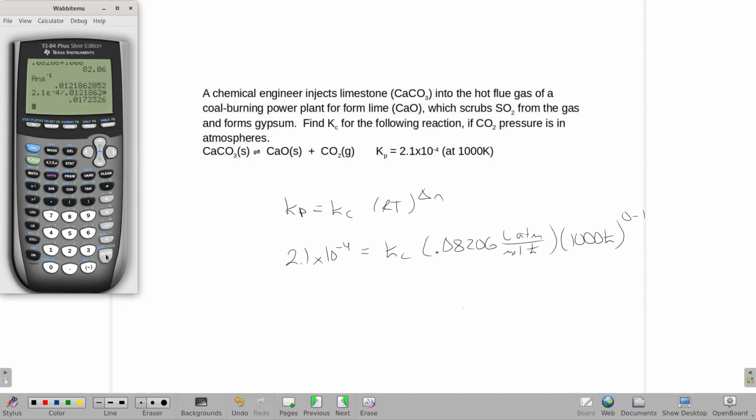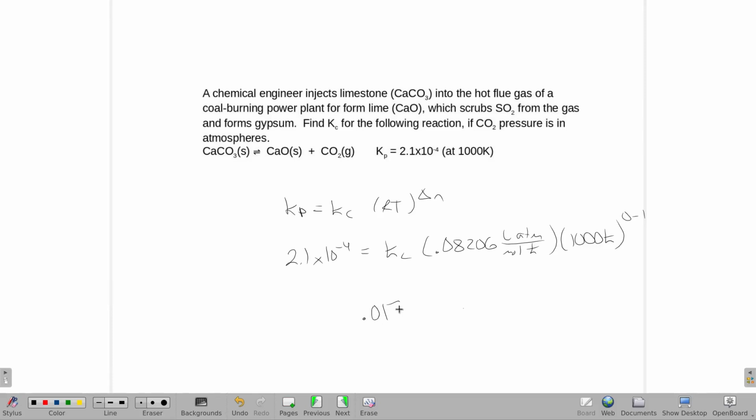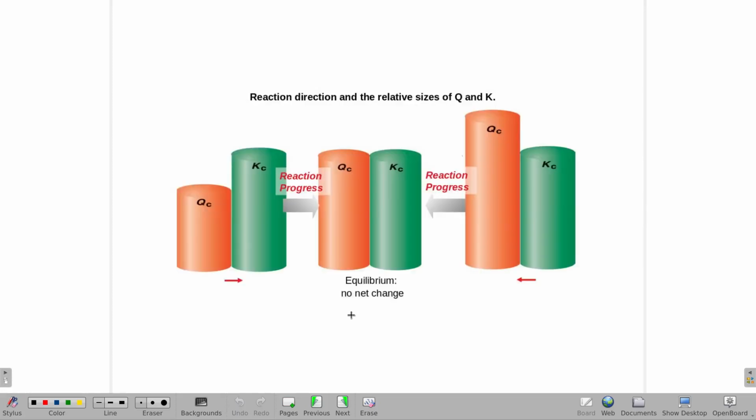Our Kc is 0.017. Now, fortunately, this doesn't happen much. More often than not, we're going to use Ks in terms of concentration. And even if we have gases, we typically calculate their concentration rather than use their partial pressures. And actually, everything we do after this is going to be based on Kcs, so concentrations.